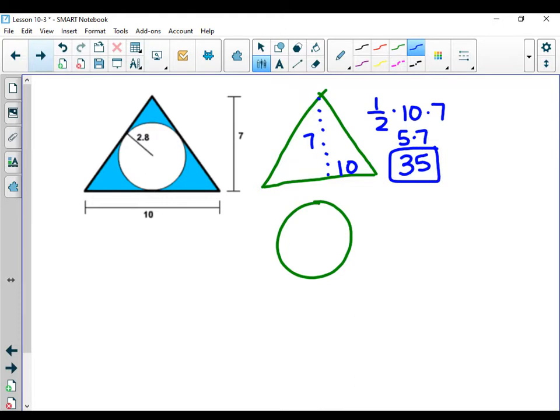What about our circle? The radius is 2.8. What do I do with the radius? And then square it. Probably have to type this one in. Sometimes ones that are tricky like this, I even type 2 times.